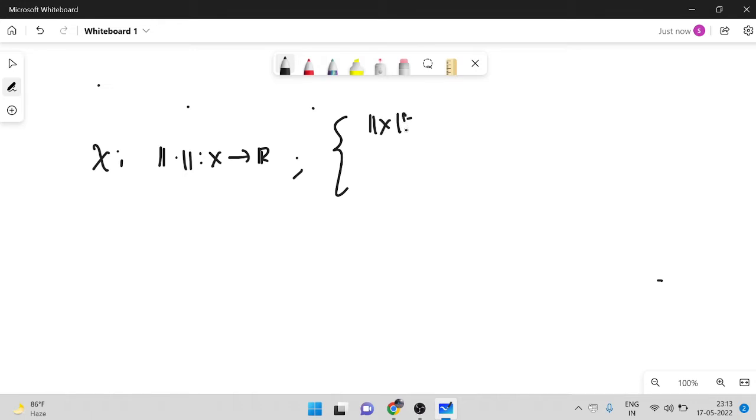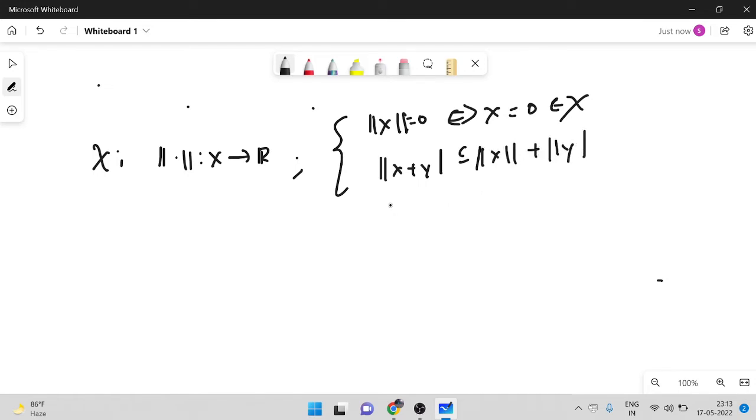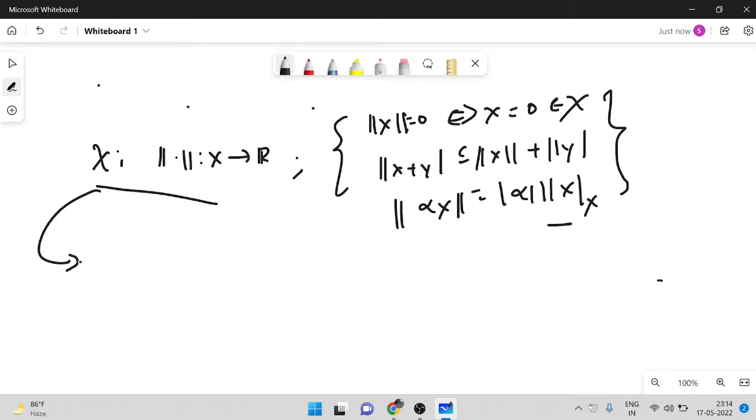If norm of x equals 0, it should imply x is equal to 0 in the vector set X. The next axiom is norm of x plus y is less than or equal to norm x plus norm y, and norm of alpha x equals mod alpha times norm x in the vector space X. These are the three axioms, and once you have this, you have a normed vector space, and you can generate a metric from the norm, called the metric induced by the norm, if you define d of x comma y to be equal to norm of x minus y in X.